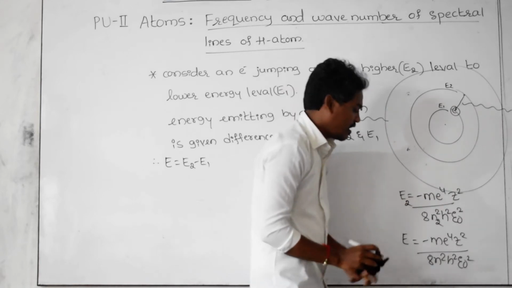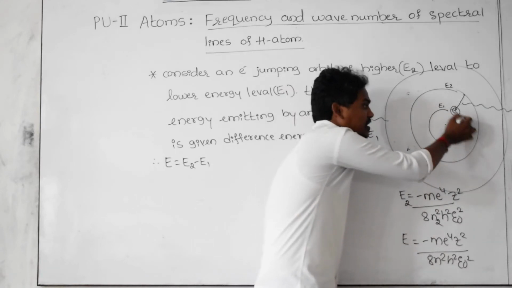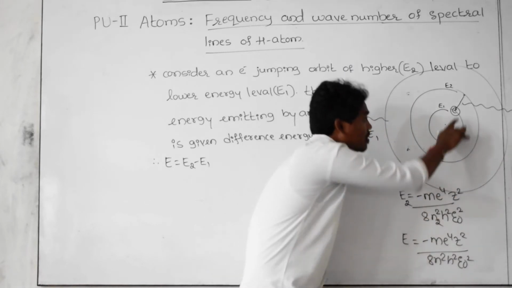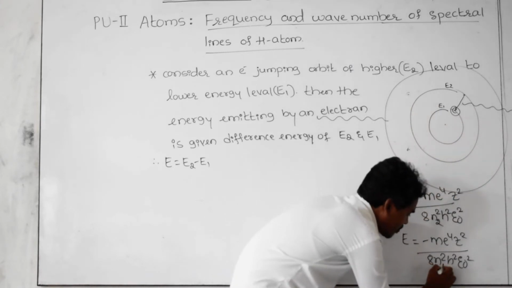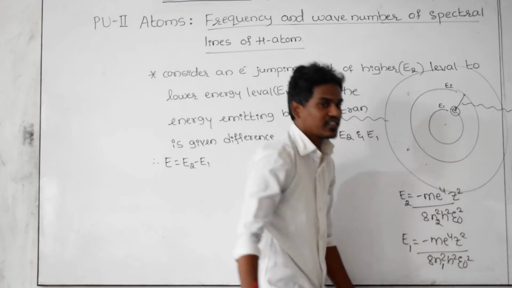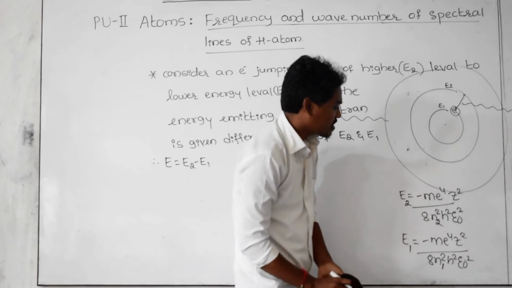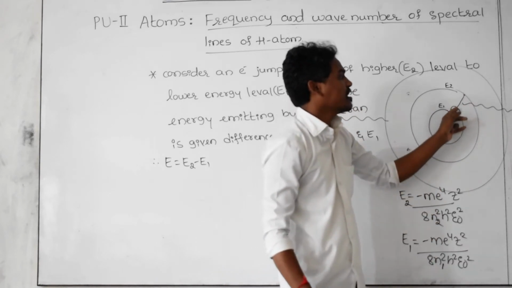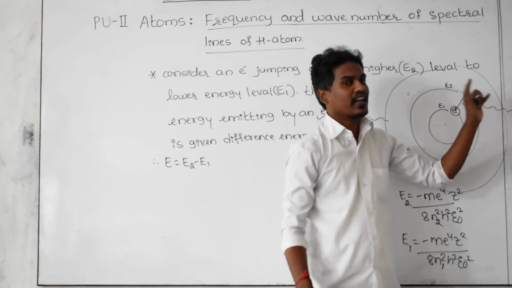Second orbit. And whenever the electron is present in the first orbit, its energy can be calculated by the same formula, but the number of the orbit is first, that is n1 square. That's why I am taking the energy of the electron in the first orbit as E1. If you subtract this value from this value, you get the amount of energy that is emitted by the electron.